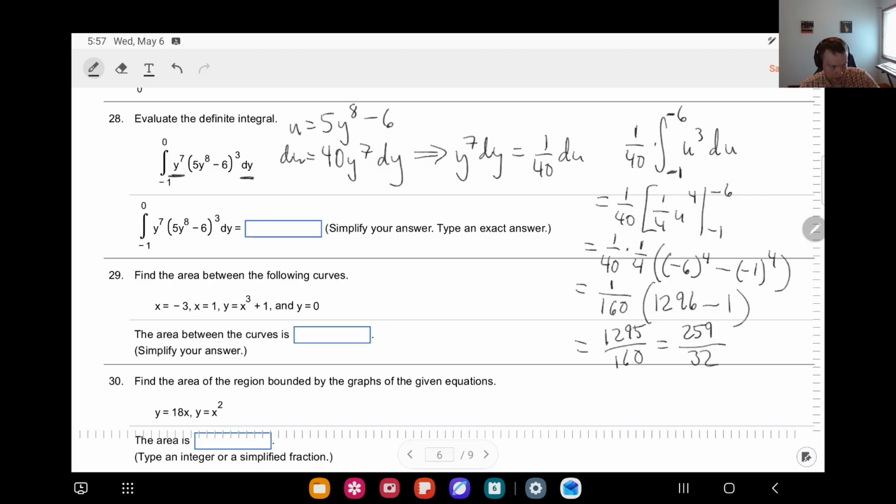And that is the answer. It's in the answer key. So the simplifying was a little harder in this one, but the setup was easier than in the previous problem.